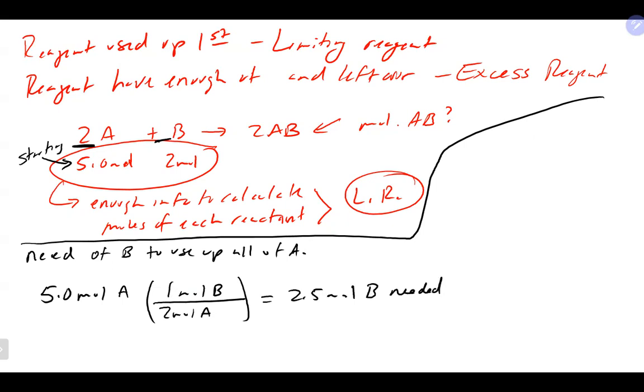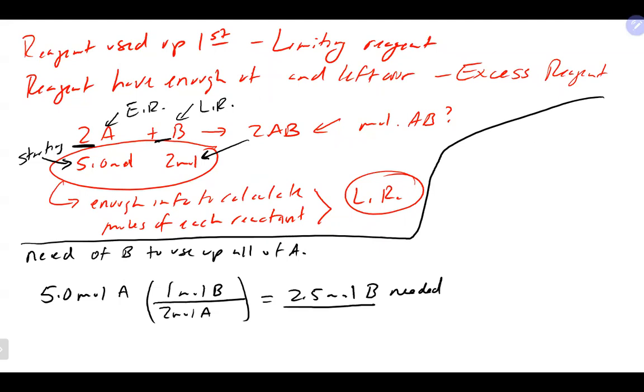This calculation is basically just to figure out which one's the limiting reagent. So I need 2.5 moles of B. If I look up in my made up example here, I actually only have 2 moles of B. I do not have enough, which means in this case, B would be my limiting reagent and A would be my excess reagent.